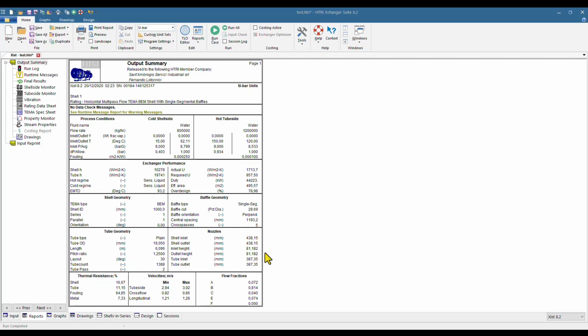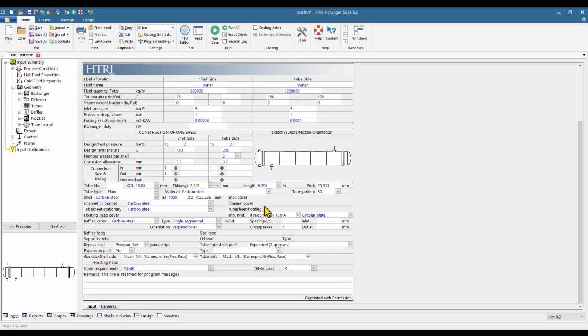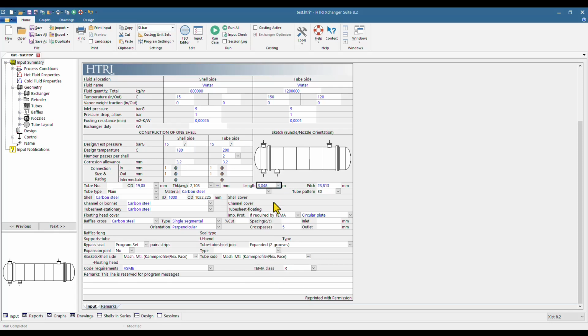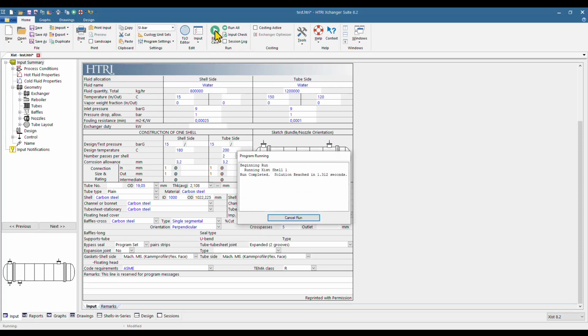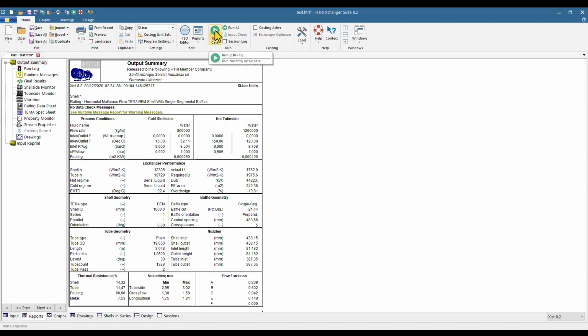So what we have to do here, we go in the input, and instead of selecting 6096 millimeter, we select 3048 millimeter, and then we run our exchanger again and see what happens.